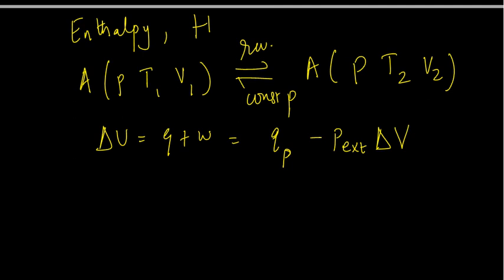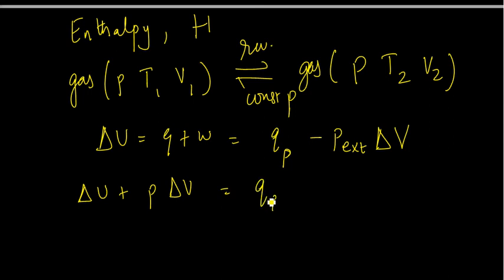It's from state A to B, or let me just write that this is some gas in state A, and this is the same gas in state B. If I bring this over here, then I have delta U plus P delta V equal to QP, right?